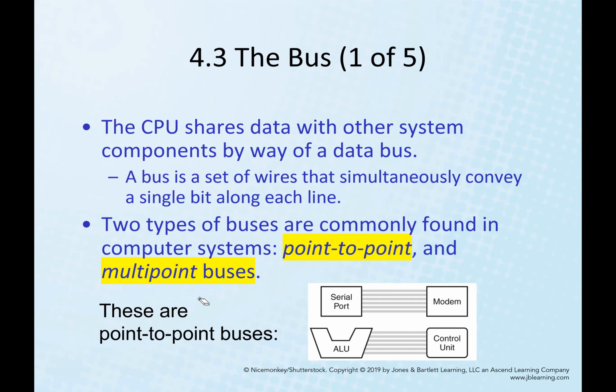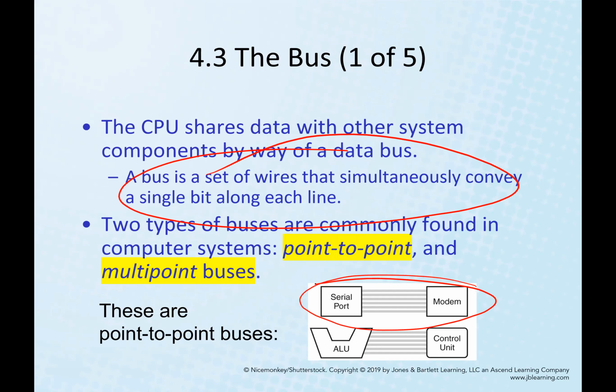Okay, so a bus is a set of wires that simultaneously convey the signal bit along each line. Let's see, for example, ALU to control unit. Take this mouse, for example.